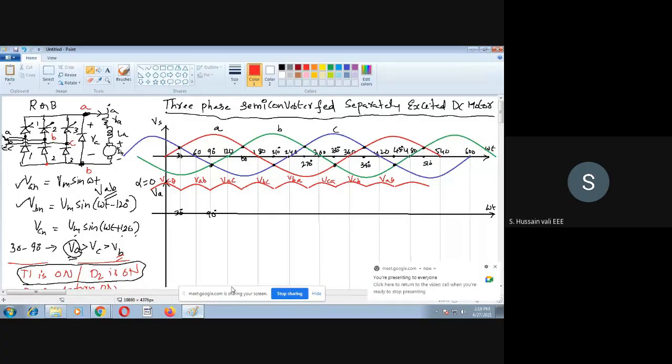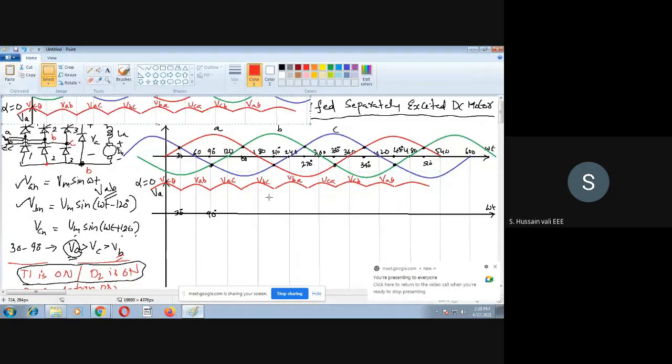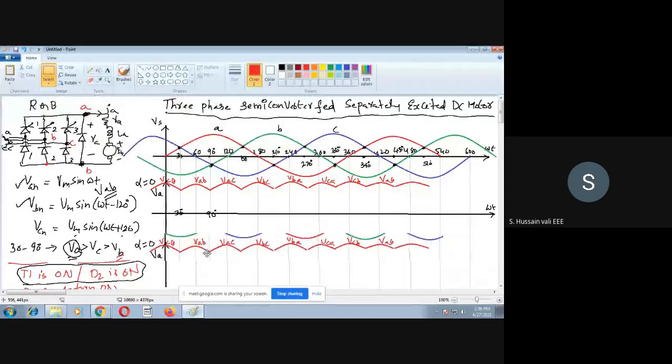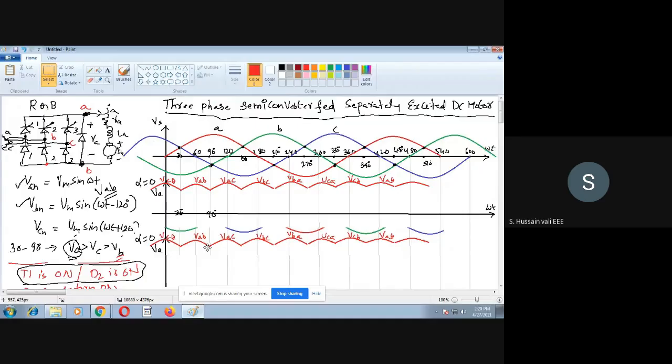The small difference I will show you now. We'll just copy this one, and the remaining things I will erase.